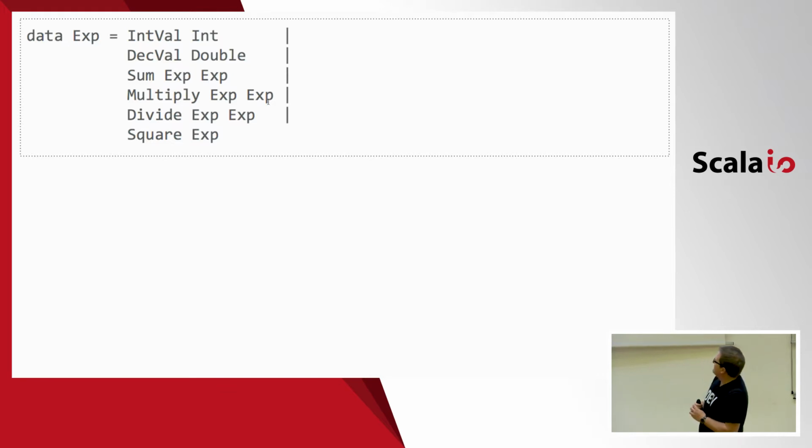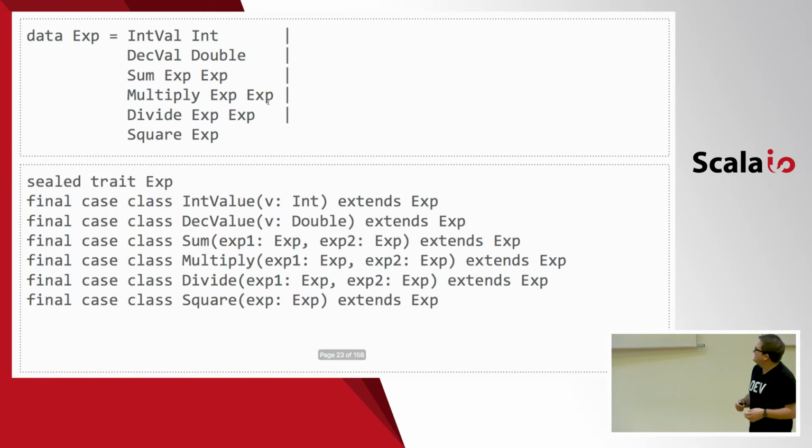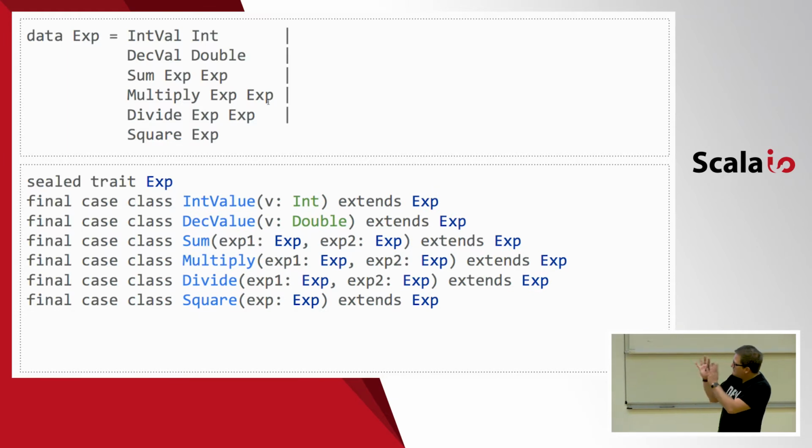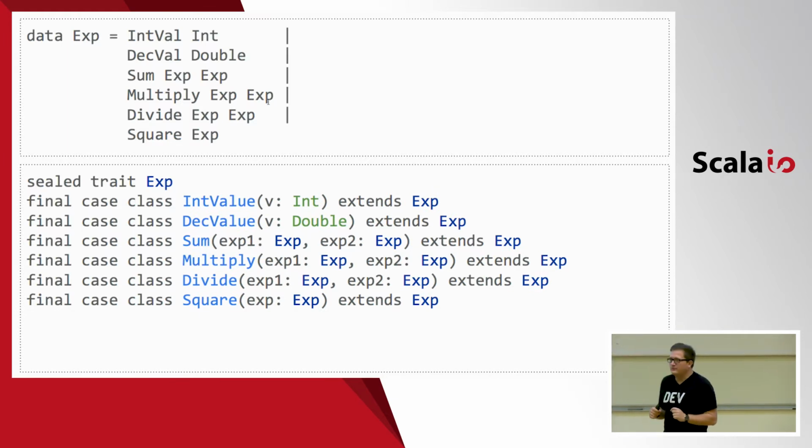So an expression might be a value, or it might be a sum, where sum is just expression and expression, and so multiplication and so on. In Scala, it looks a little bit more verbose, but that's why we use this color highlighting, and when you focus really hard, you will see the important stuff right here.